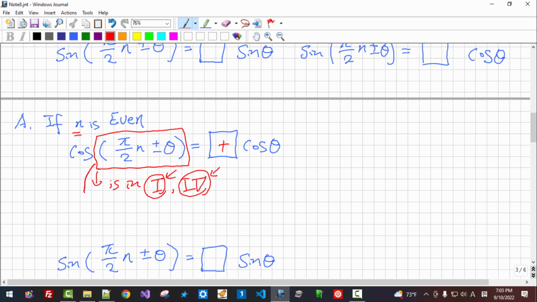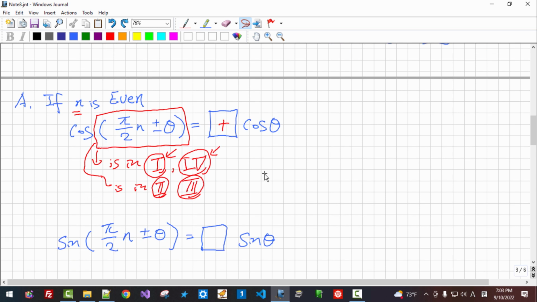If this angle is in the second or third quadrant, this becomes negative, like this, because cosine follows the sign of x.